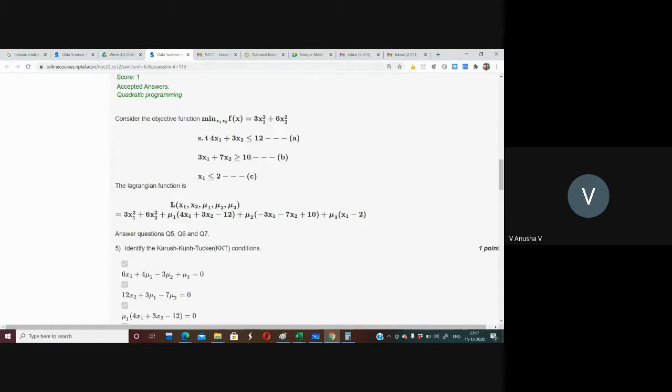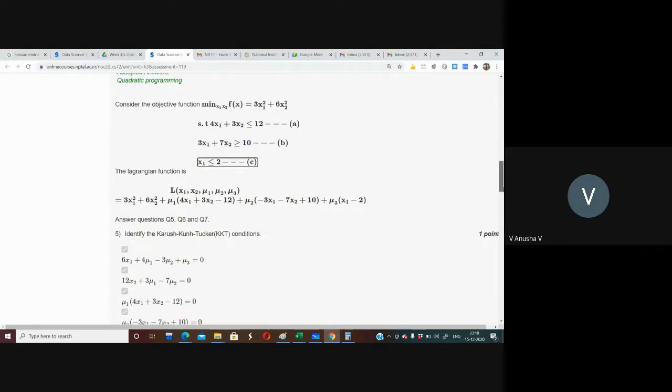So I'm writing 10 minus 3x1 minus 7x2. Plus mu3 into, this 2 you can get to the left hand side, right? x1 minus 2. That's it.